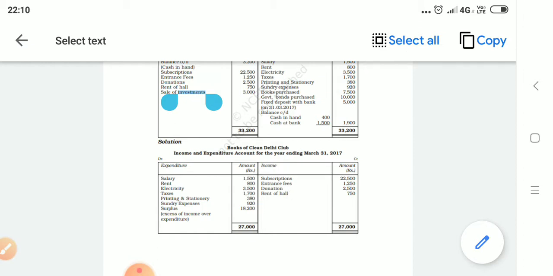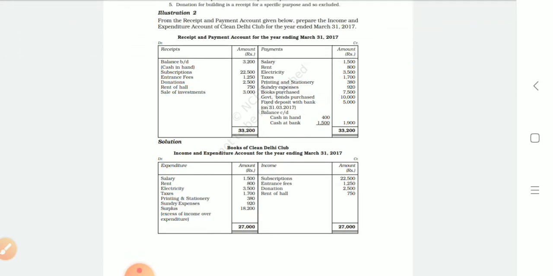If it were sold at a loss, the loss would appear in the expenditure side. Now coming to the payment side, salary, rent, electricity, taxes, printing and stationery, sundry expenses. All these are recurring revenue in nature. They will appear in expenditure side.